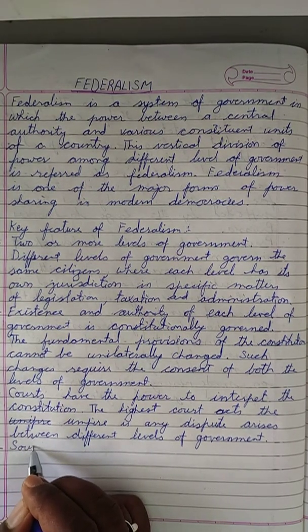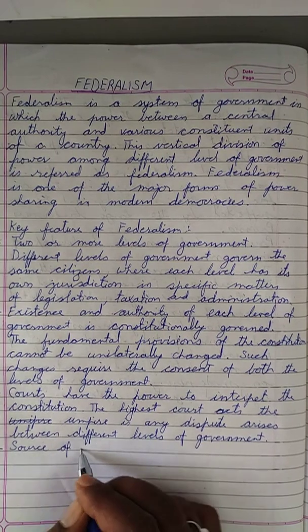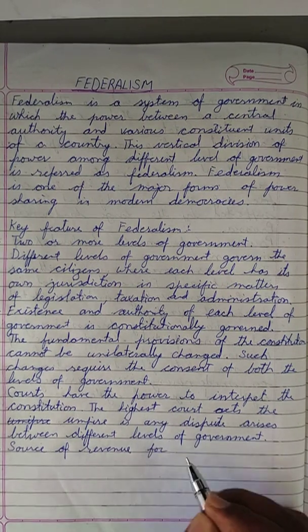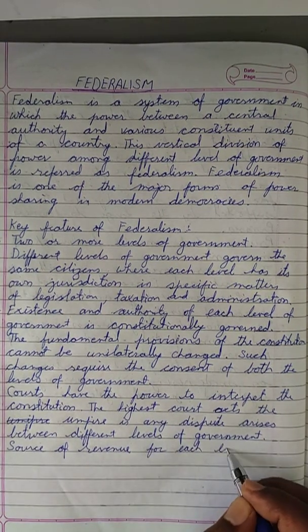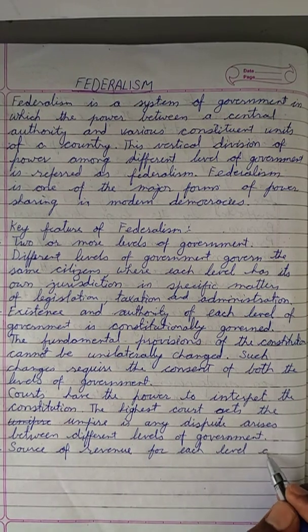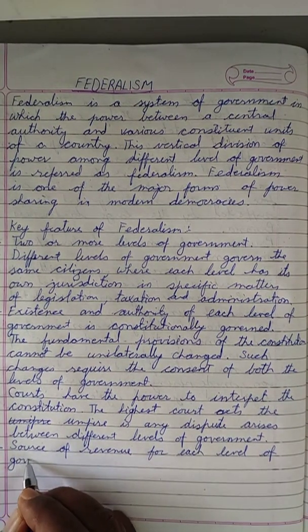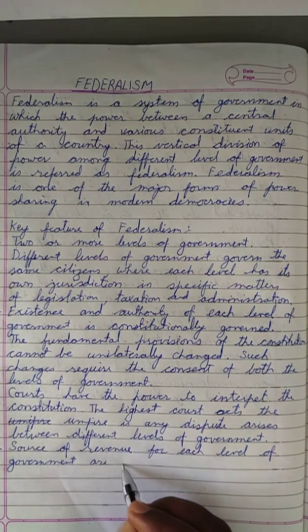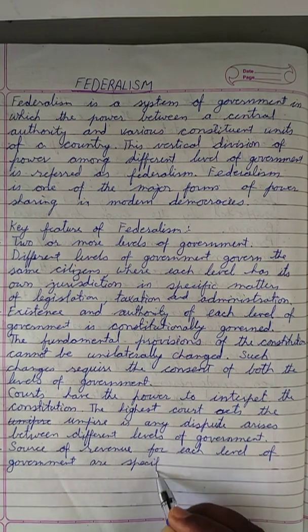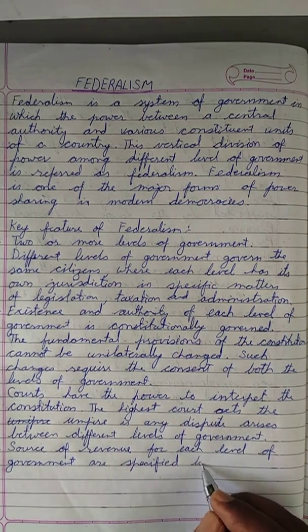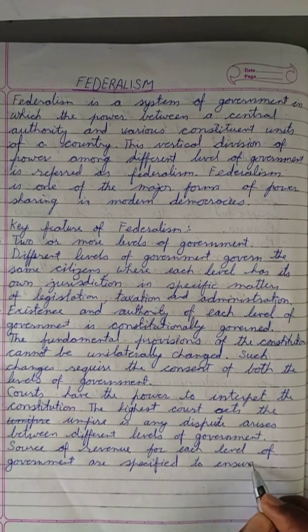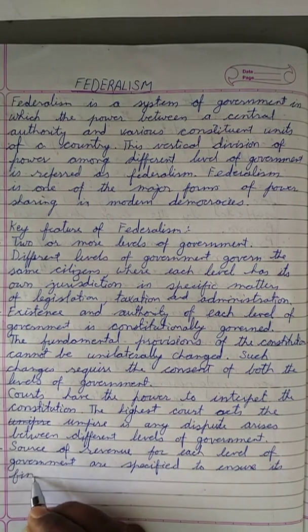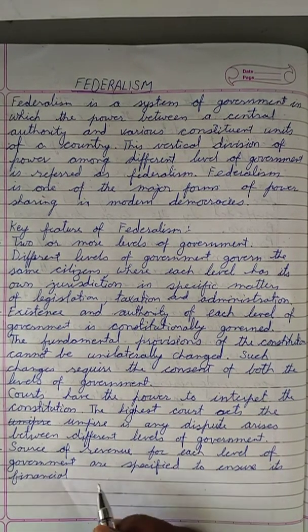Sources of revenue for each level of government are specified to ensure its financial autonomy.